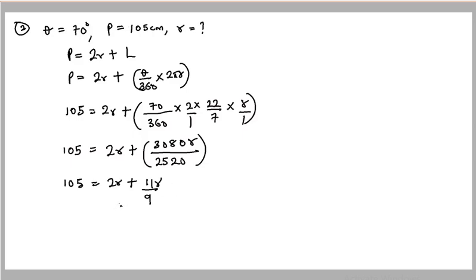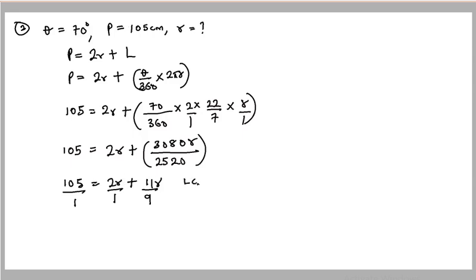So what next? What will I do here? Let's find the LCM. Let me call this over 1 and this over 1 as well. Looking at the denominators from left to right, the denominators here are 1, 1, and 9. So what is the LCM of 1, 1, and 9?